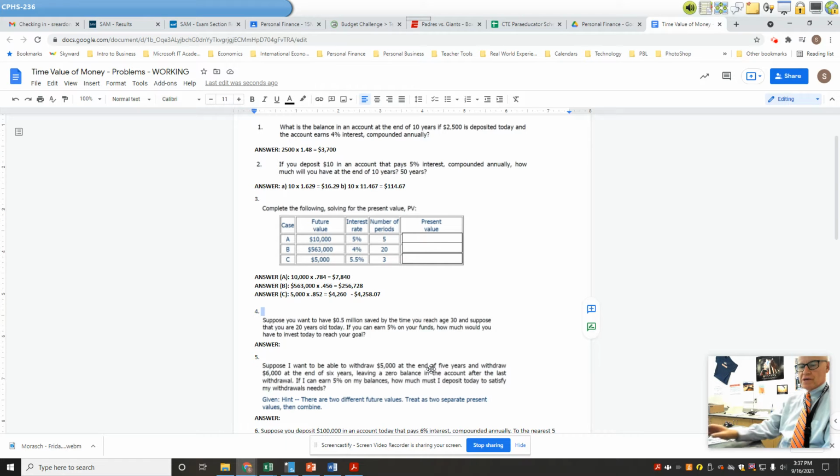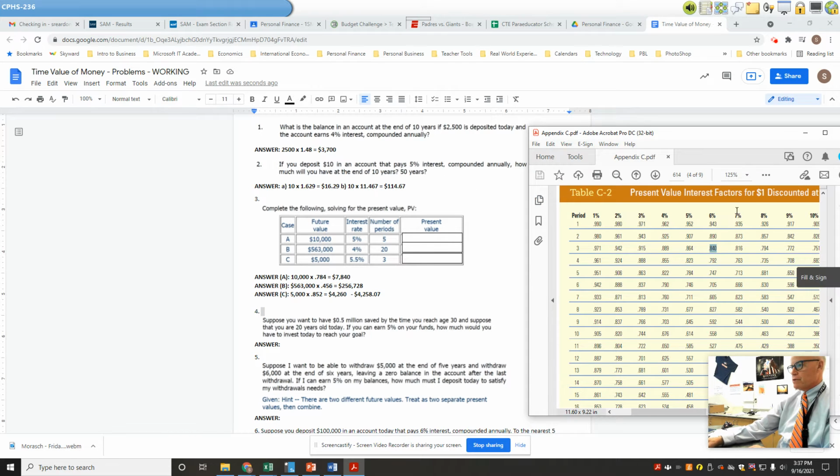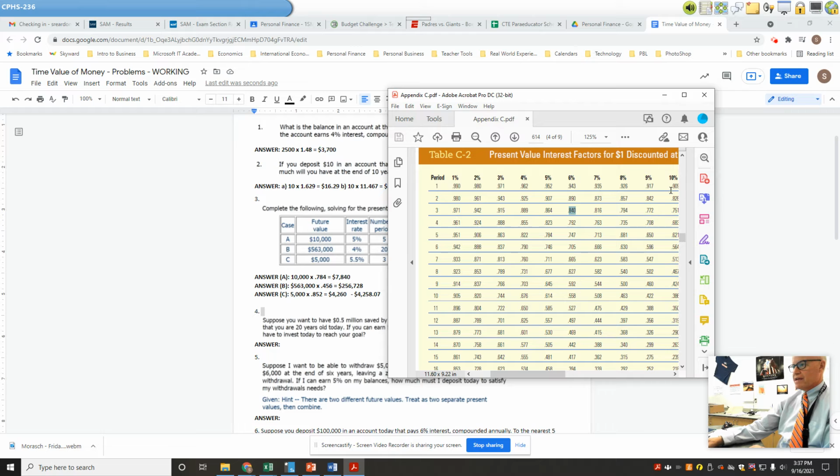So I hope you can see we're using present value of 1 by the time you reach 30. So it's 10 years at 5%. You're currently 20, we're talking 30 years in the future. So 10 years, 5% looks like 0.614 is my discount rate.